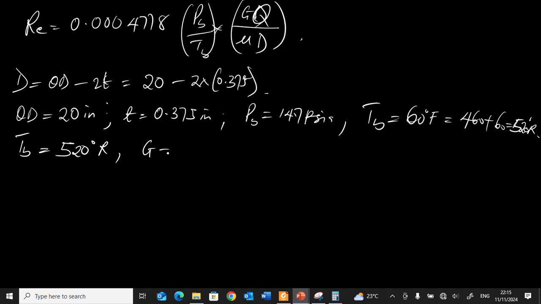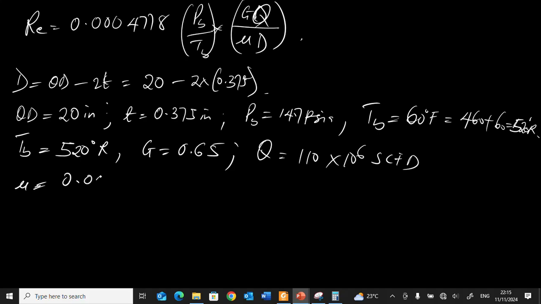We have gas gravity of 0.65, the flow rate to be 110 times 10 raised to the 6 standard cubic feet per day, and the viscosity to be 0.00008 pounds per feet second.